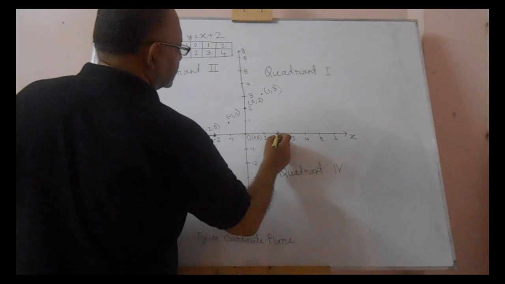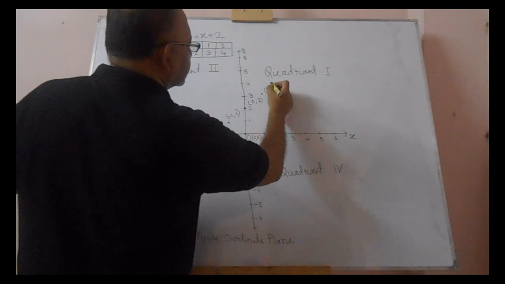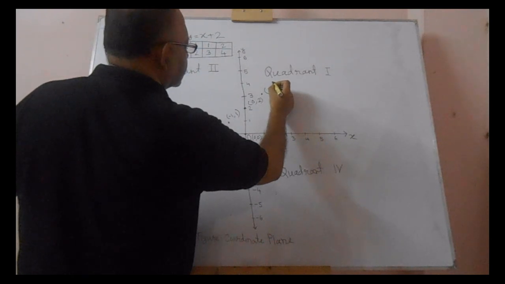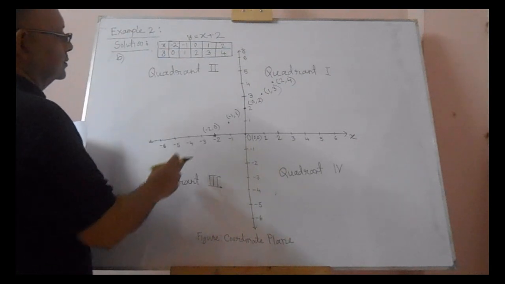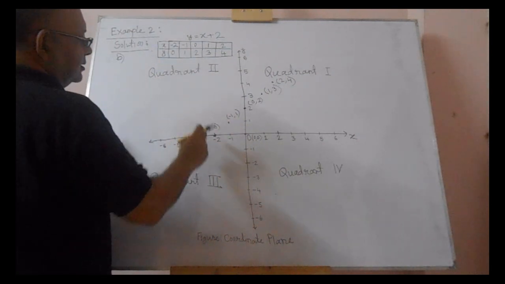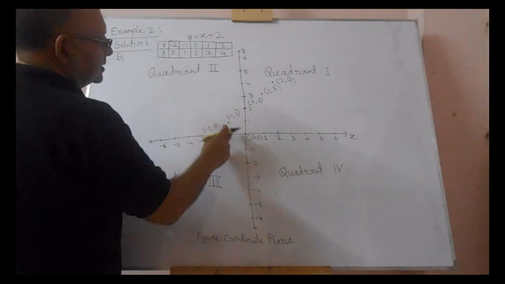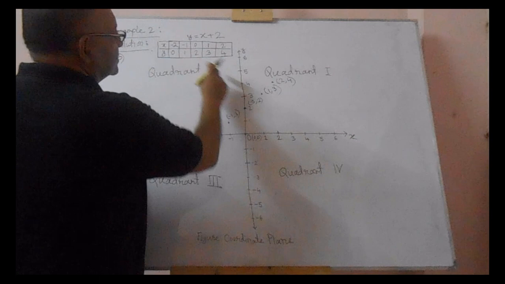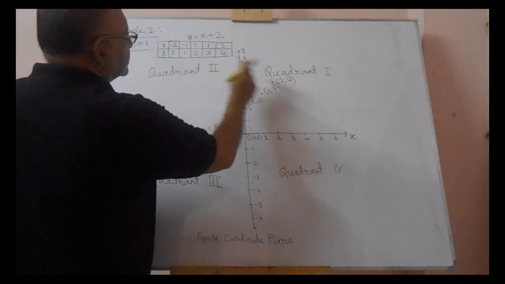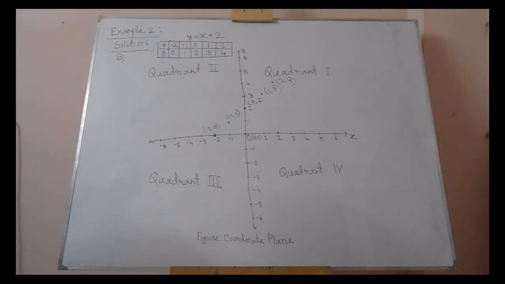So from this point, y equals 4 should be here. 2, 4. So this point is here. These 2 points are here, and this point is here. This point is here, and this point is here. So this was the solution of example 2, part B.